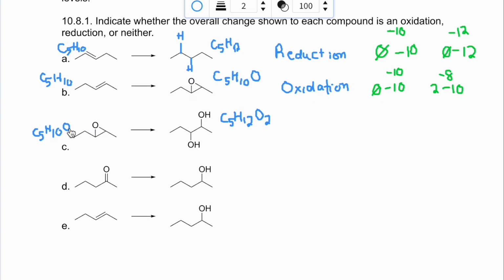So this one over here is a little bit tricky, I think. This is an opening of an epoxide. So we have hydrolysis. We're breaking this carbon-oxygen bond using some water. We're starting off with C5H10O, and we are ending with C5H12O2. And just looking at the compound, we have not really gained any carbon-oxygen bonds.